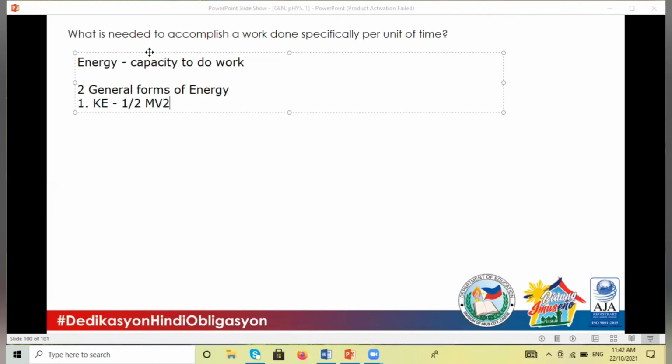Ibig sabihin, di ba, once you push an object, the gained energy is what you call as the kinetic energy for the object to move. That's why kinetic energy basically defined as the energy in motion. So it refers to the gain energy. The gain energy, it refers to the kinetic energy. All right?